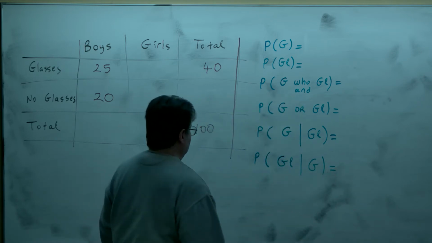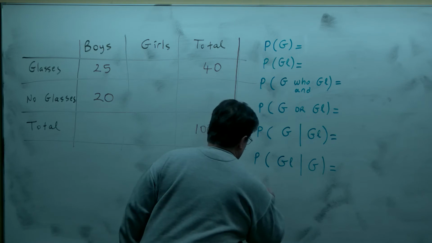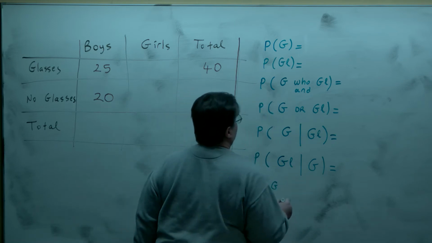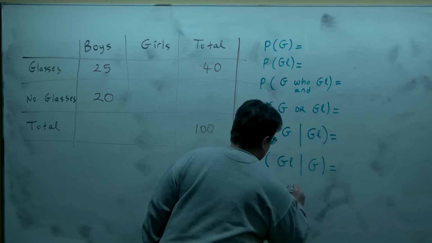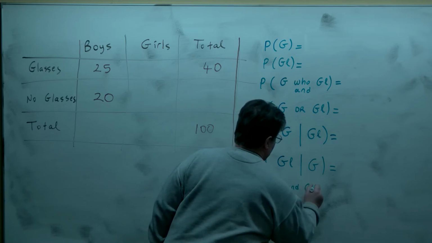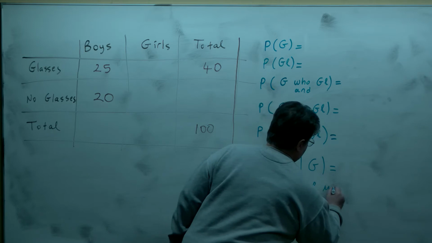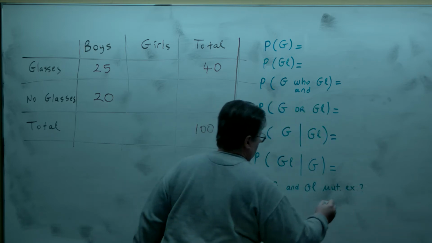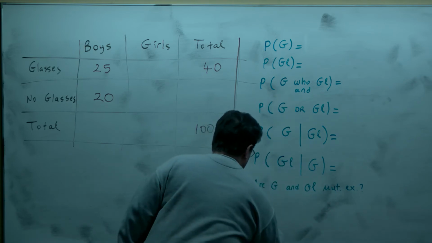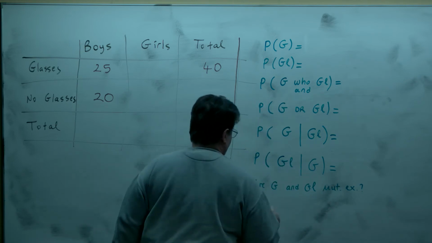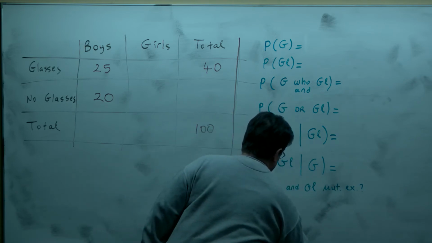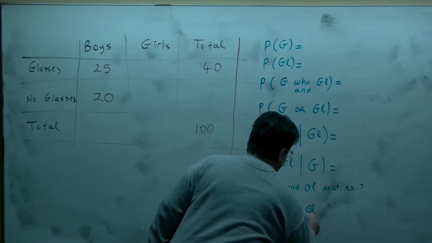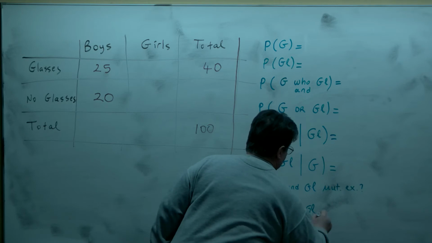And then are the events of being a girl and wearing glasses mutually exclusive? And the last question is, are the events of being a girl and wearing glasses independent?